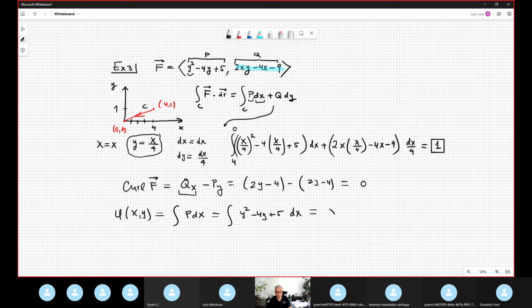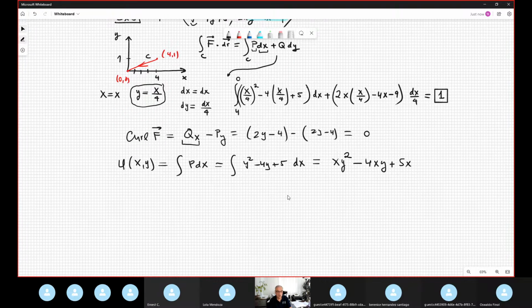It's obvious: x y squared, because this is considered constant and the integration of 1 with respect to dx is x, minus 4xy plus 5x. And at least this is one part of the potential function.